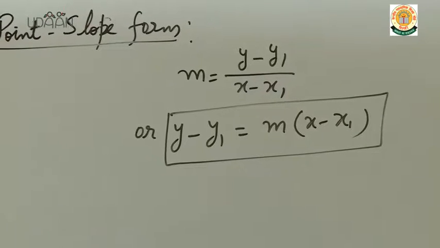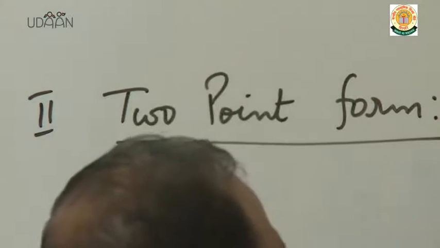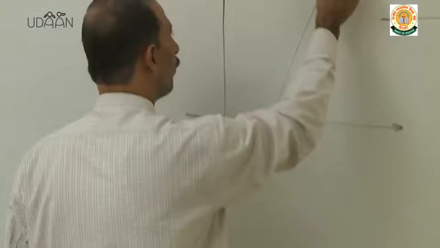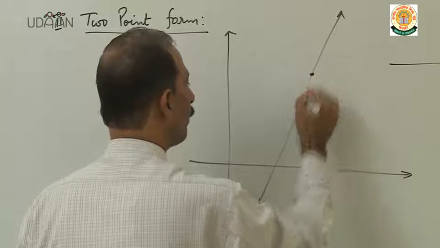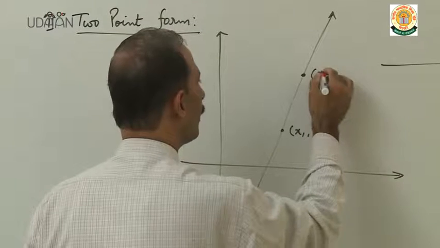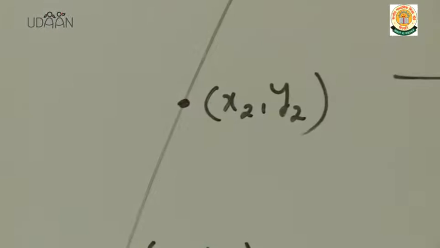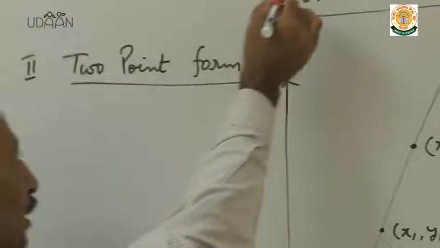Now, when 2 points are given on the line, say one point is x1 y1 and another point is x2 y2, then the equation of the line is given by, you can see, the first form.